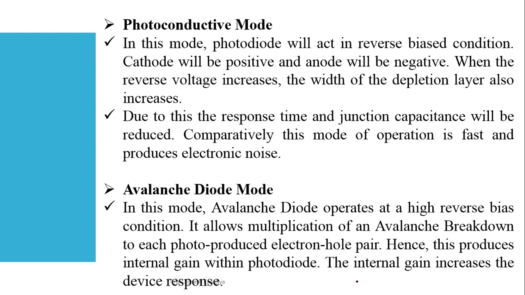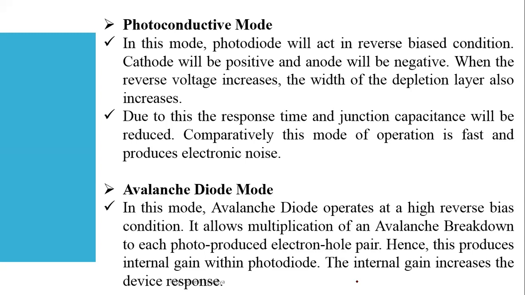When the reverse voltage increases, the width of the depletion layer also increases. Already we know, due to this, the response time and junction capacitance will be reduced. So comparatively, this mode of operation is fast and produces electronic noise.